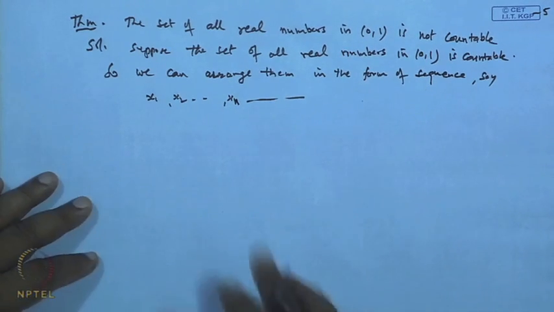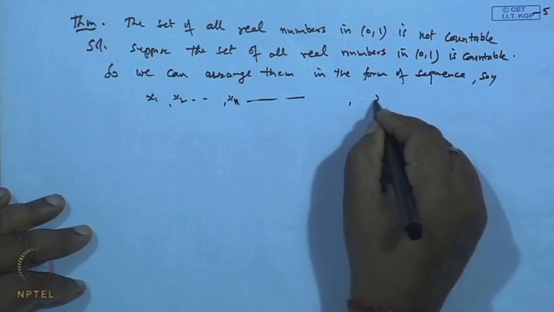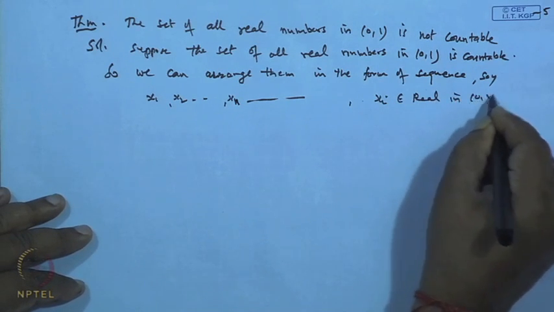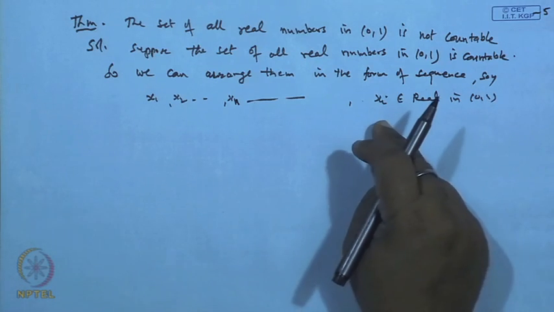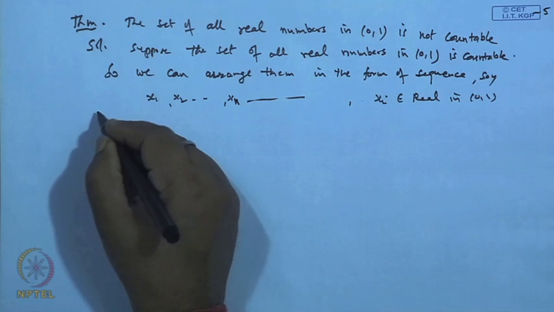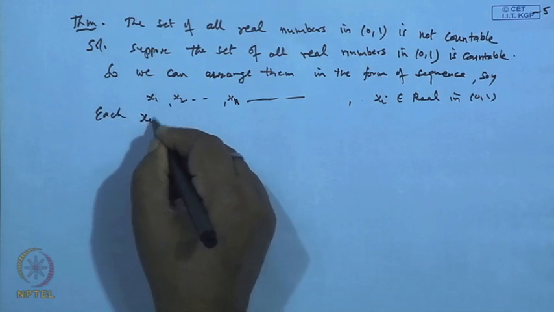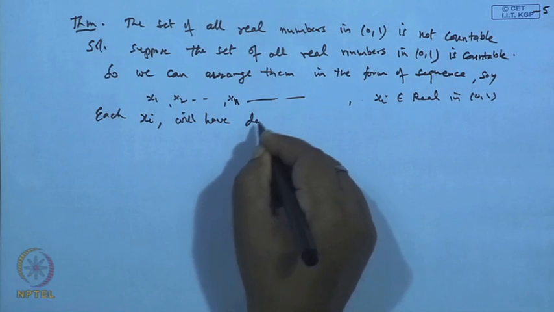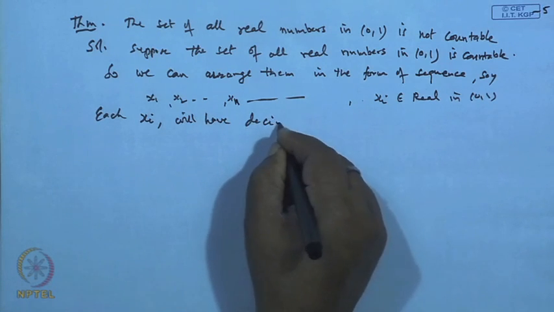Now, each x i is a real number in the interval 0 1, so each x i can be expressed in a decimal expansion.